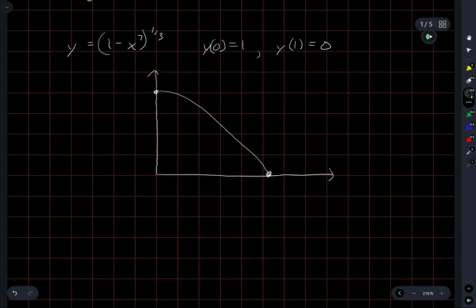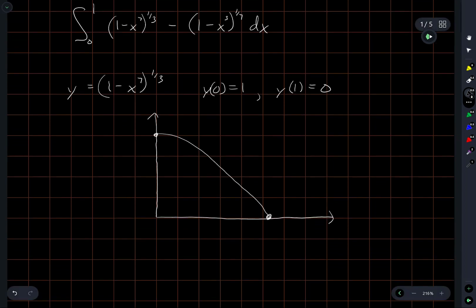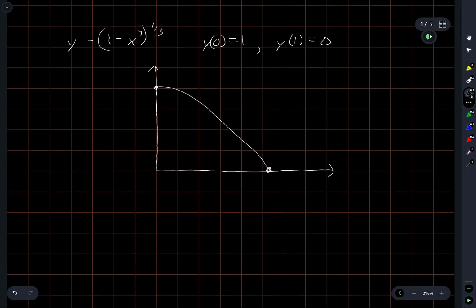And the reason this is going to be important is we're going to rewrite the integral of the first part of this in a different form such that we get a different representation of the same quantity. In integrating from 0 to 1, we're basically moving along the x-axis like this and computing areas of infinitesimal rectangles that look like this.